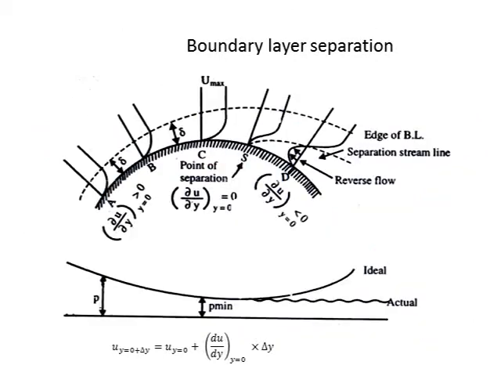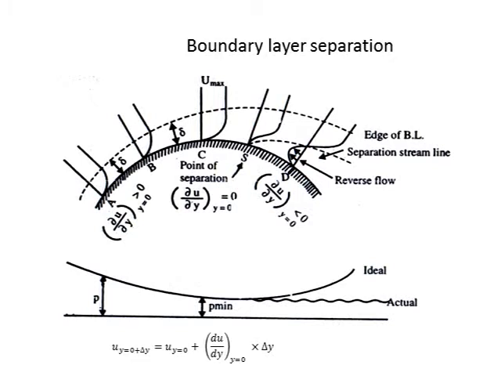So from the figure you will get a clear idea about the boundary layer separation. It shows initially pressure is maximum, then it is minimum, and then it becomes actual. The flow takes place here.